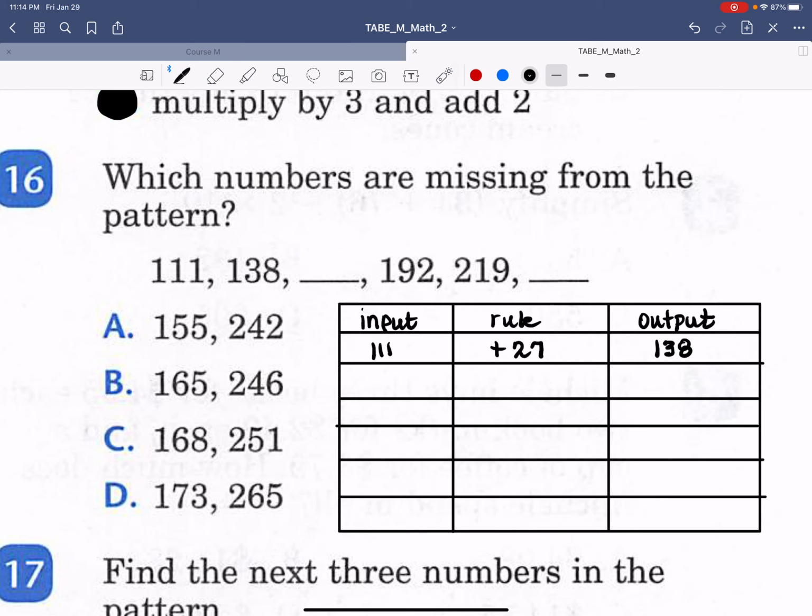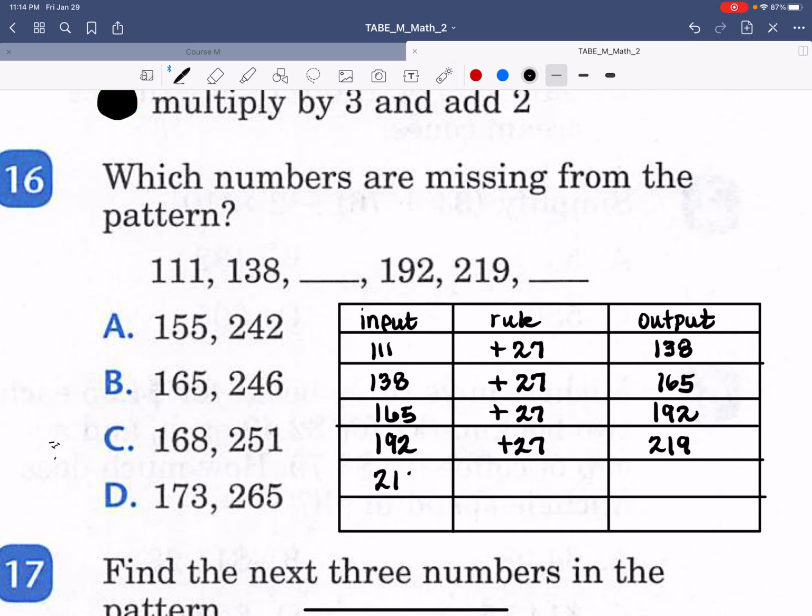But let's see. 138 add 27 is 165. 165 add 27. It better be 192 or I'm in trouble. And it is. Then 192 plus 27 better be 219. If it's not, I'm in trouble, but it is.